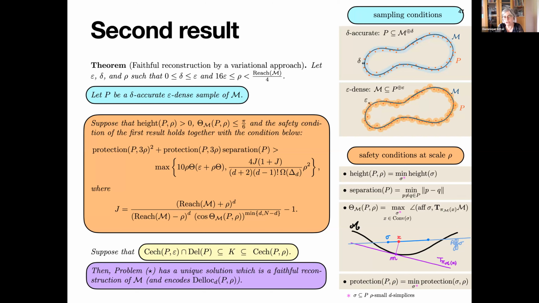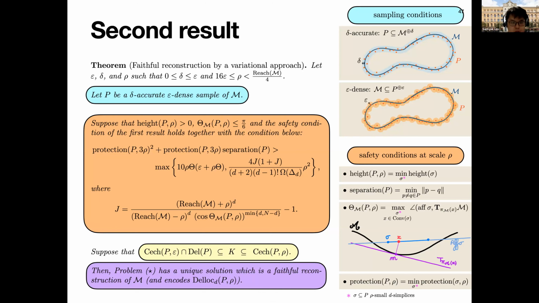If you're in a high dimension, a complex that could work for K is the Rips complex, typically for a scale parameter that is between epsilon and rho, where rho has to be larger than the density and smaller than the reach. I don't know if it answers your question.